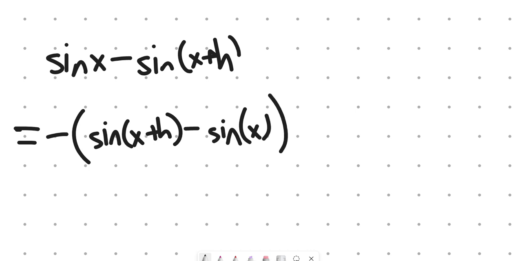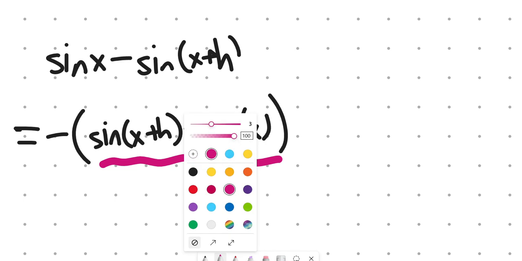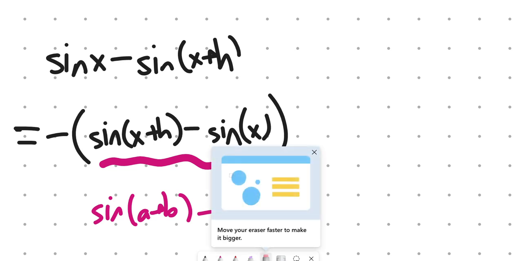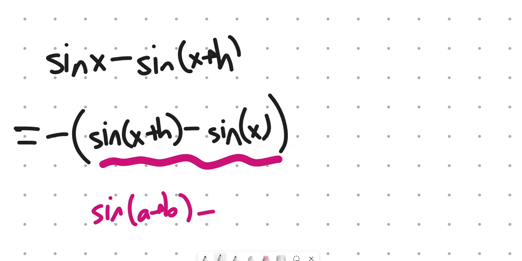And this reminds us of our trigonometric identity. Let me make it smaller so that we can see what's going on over here. So this is just sine of a plus b minus sine of a.